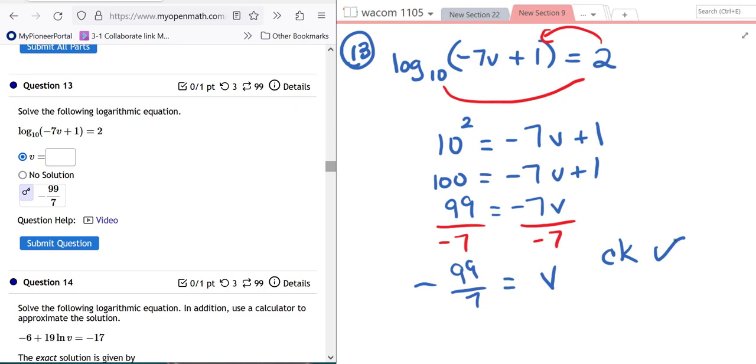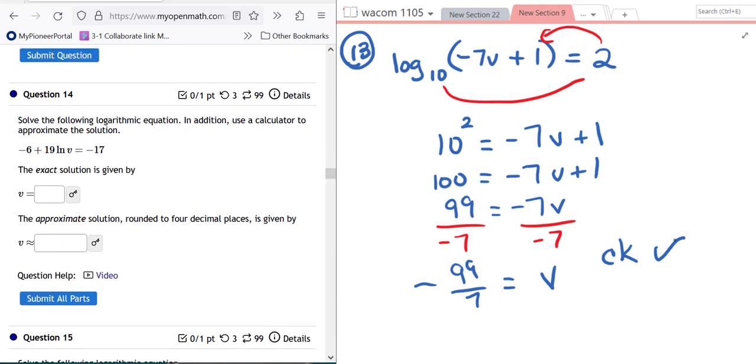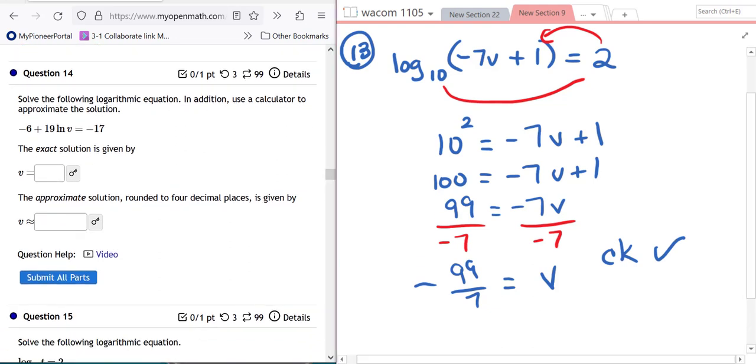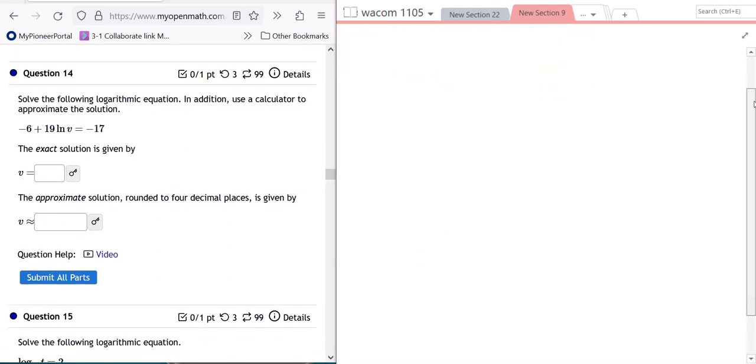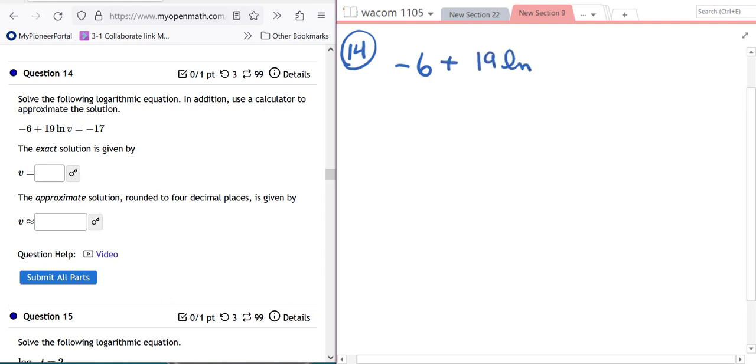Right, 14. So we have negative 6 plus 19 natural log of v equals negative 17.